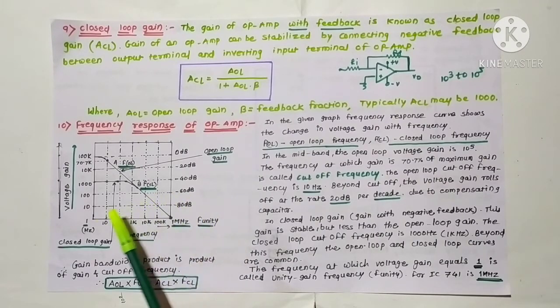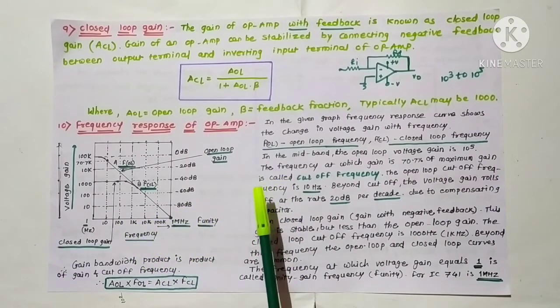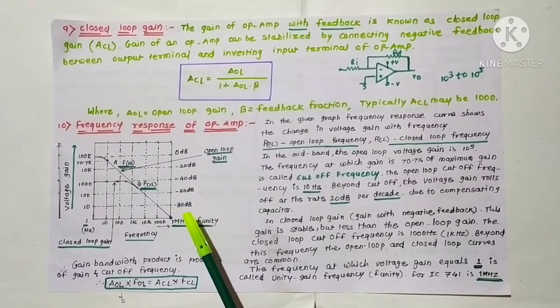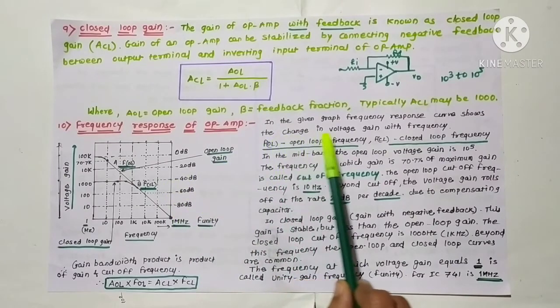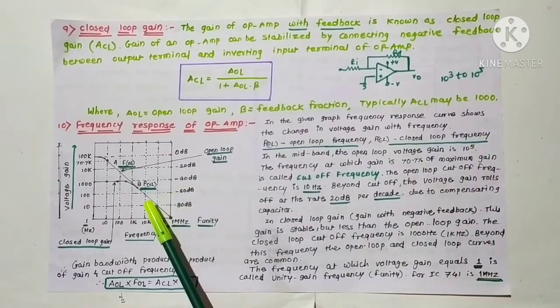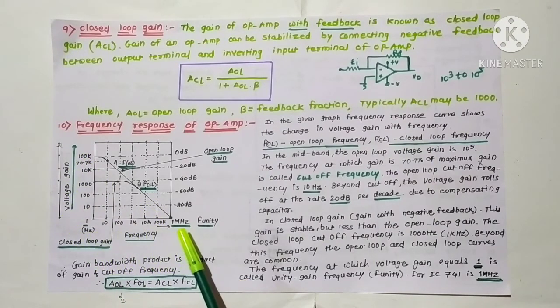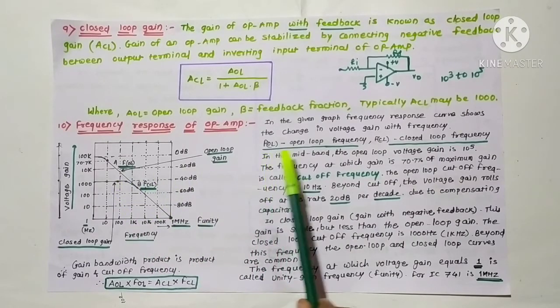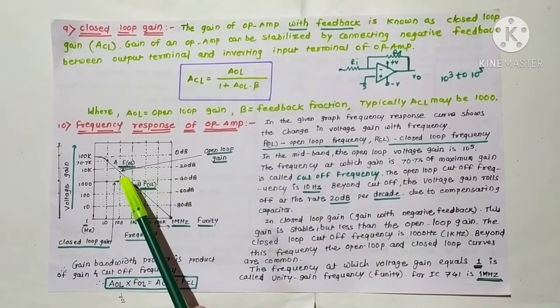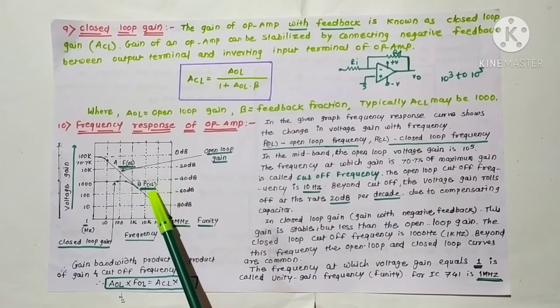And it is very simple; if you understand, you will write it yourself without any difficulty. Okay students? So listen properly. In the given graph, the frequency response curve shows the change in the voltage gain with respect to the frequency. As I have explained, FOL and FCL are the open loop and closed loop frequencies respectively.